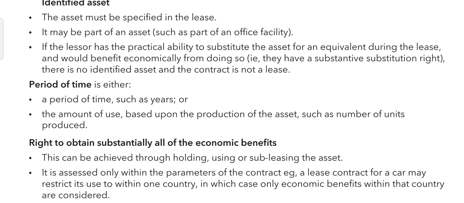If the lessor has the practical ability to substitute the asset for an equivalent during the lease and would benefit economically from doing so, then it cannot be a lease. They have the substantive substitution right. There is no identified asset and the contract is not a lease. What does it mean?